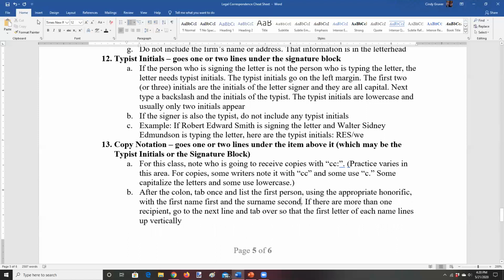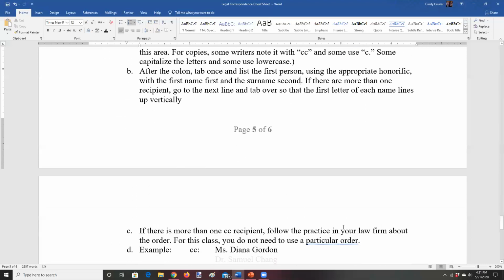So if I'm sending a CC to Diana Gordon, I'm going to have my left margin right here, cc colon tab. Ms. period space Diana space Gordon. I'm good to go there.